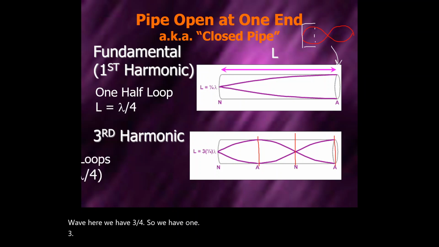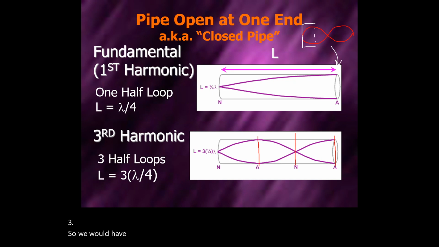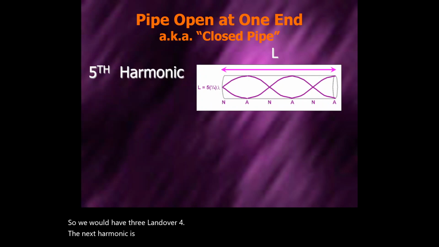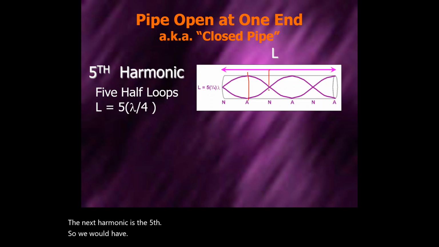So we would have 3 lambda over 4. The next harmonic is the 5th. So we would have 1, 2, 3, 4, 5/4.